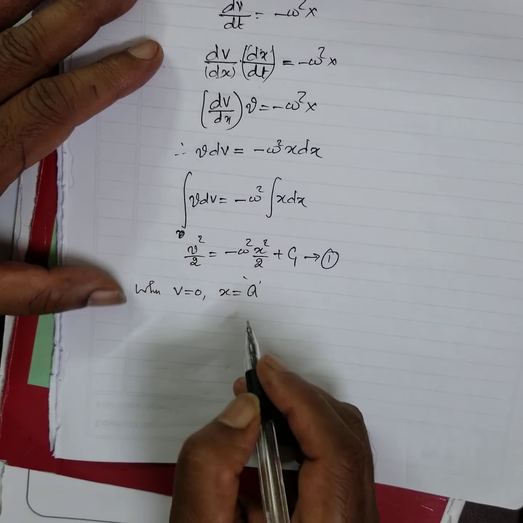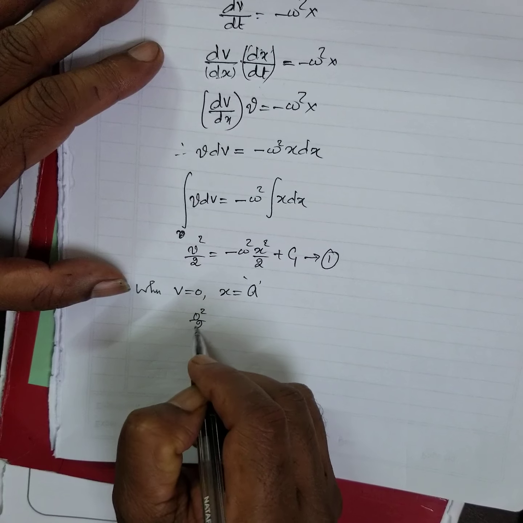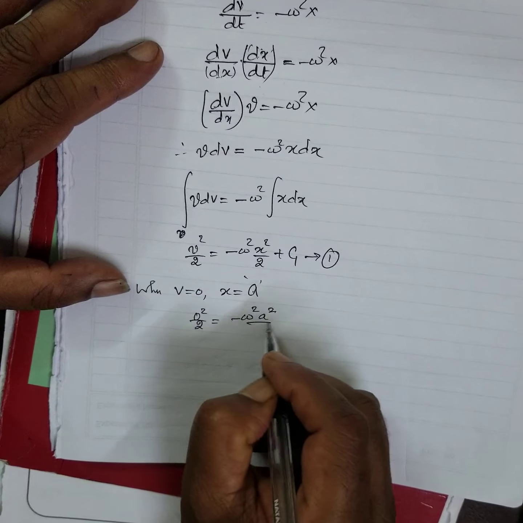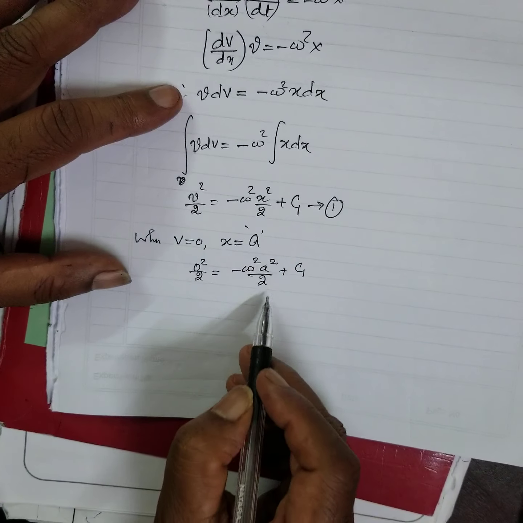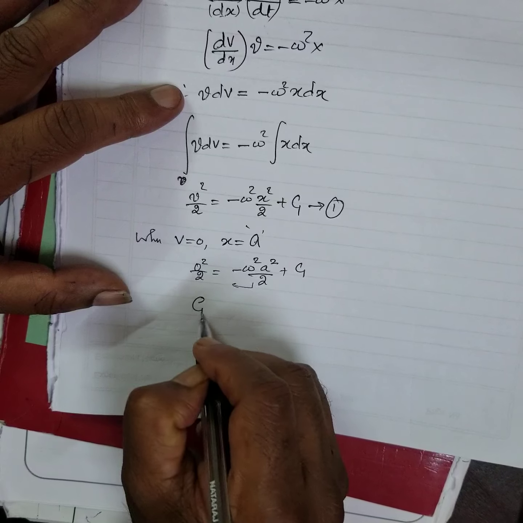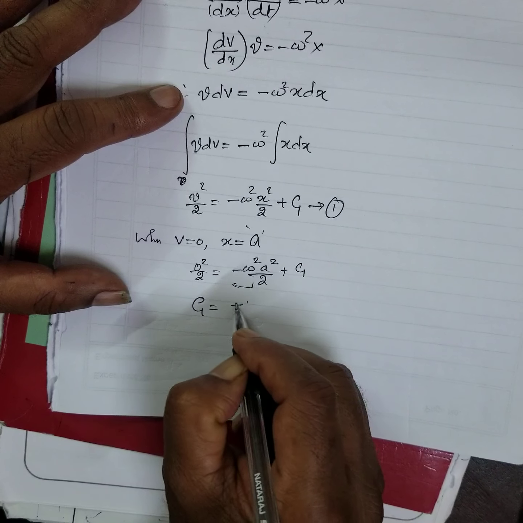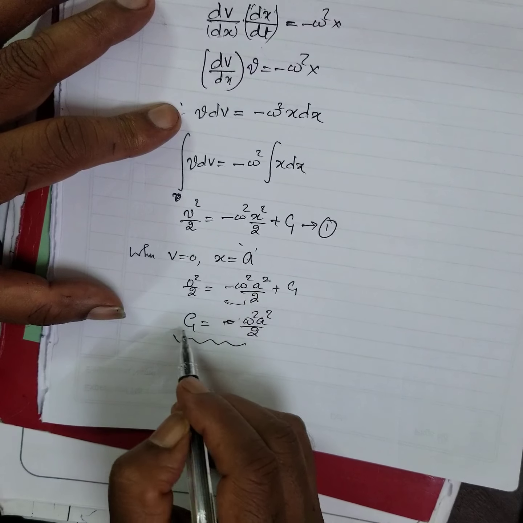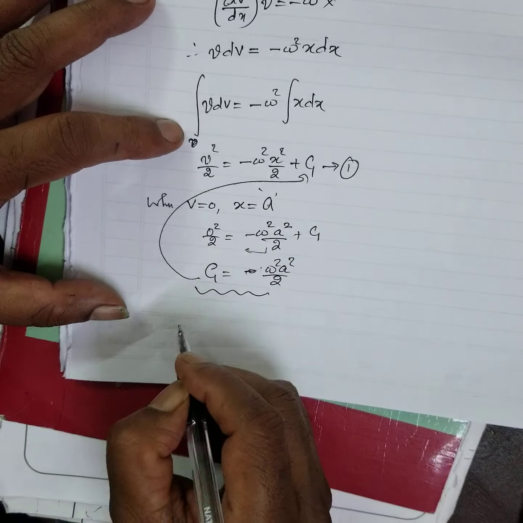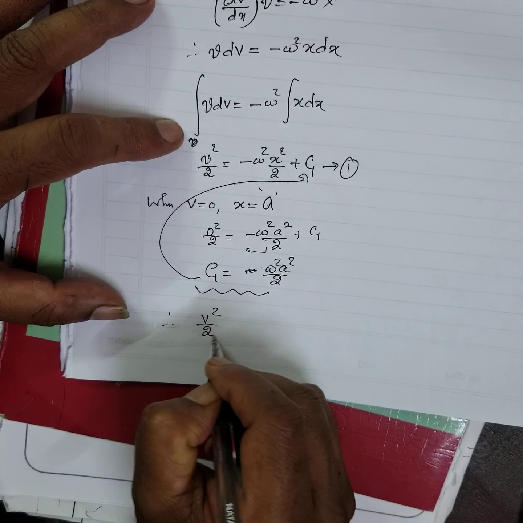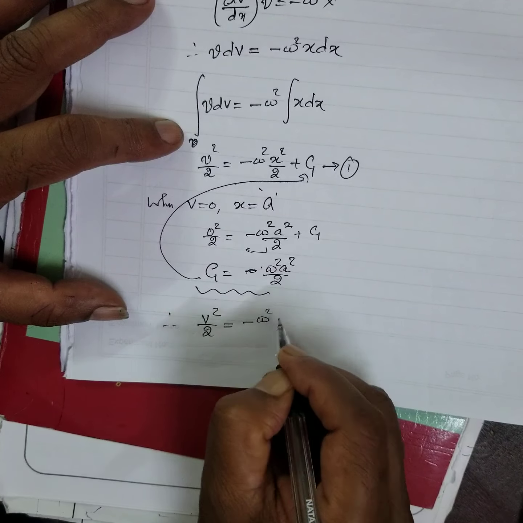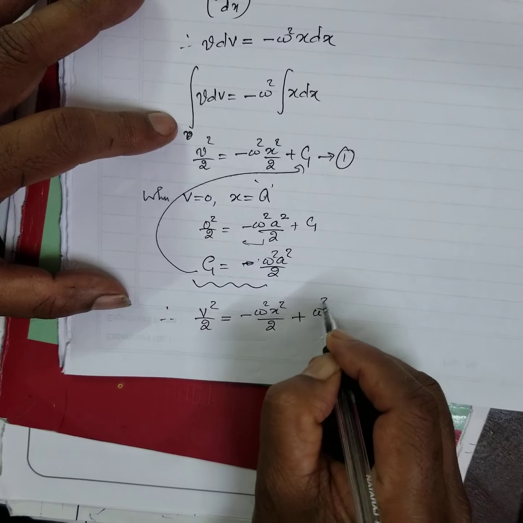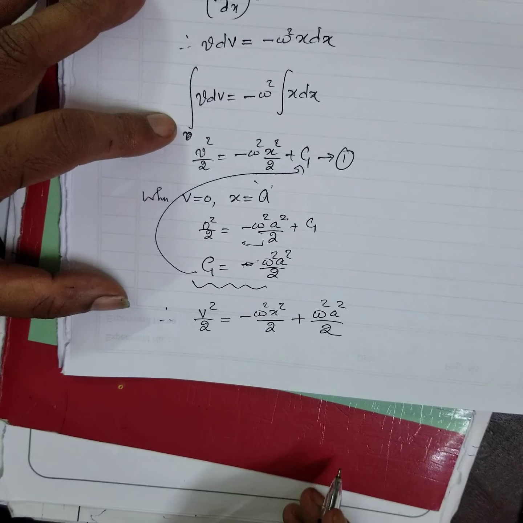Here you substitute: 0 square by 2 is equal to minus omega square a square by 2 plus c1. Send this to the other side, therefore c1 is equal to omega square a square by 2. Substitute c1 here: v square by 2 is equal to minus omega square x square by 2 plus omega square a square by 2.